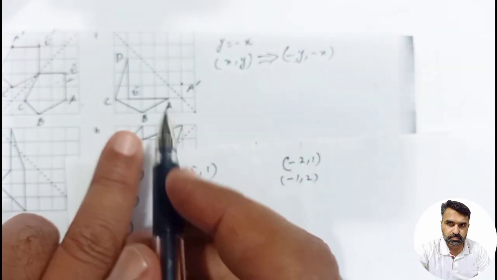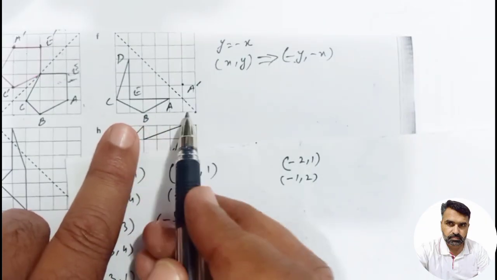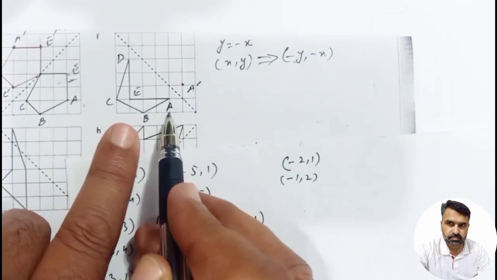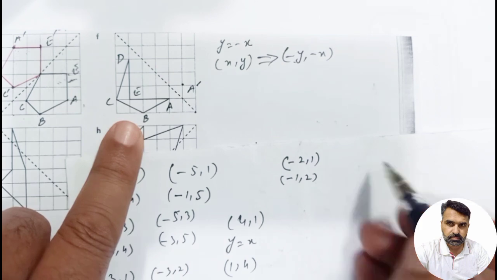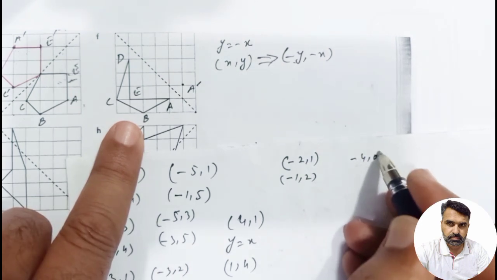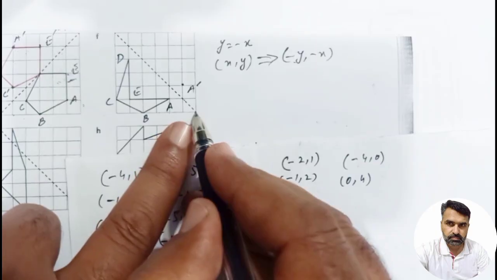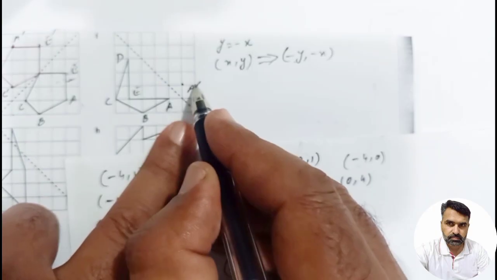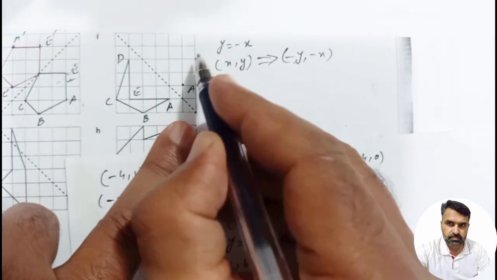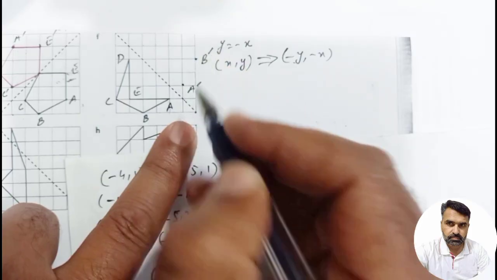Now look at the coordinates of point B. It is -4 and 0, which will be changed into 0 and 4. So I will name this point as B prime.